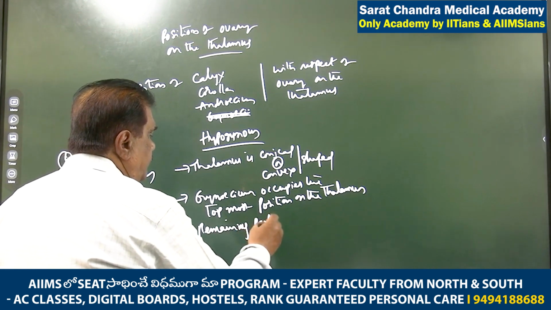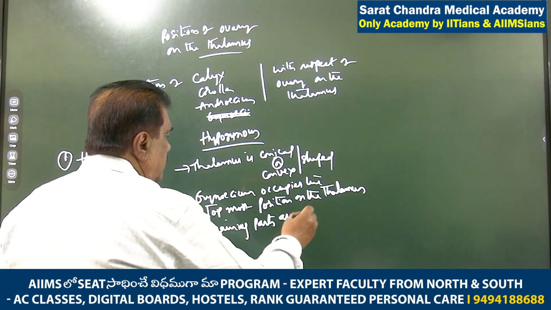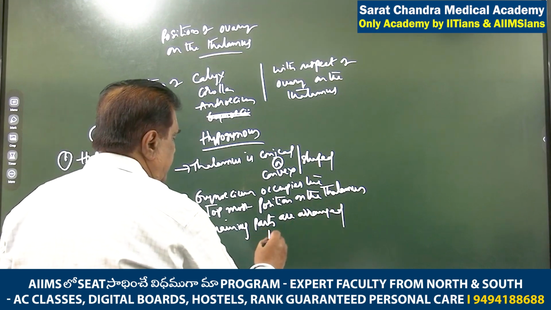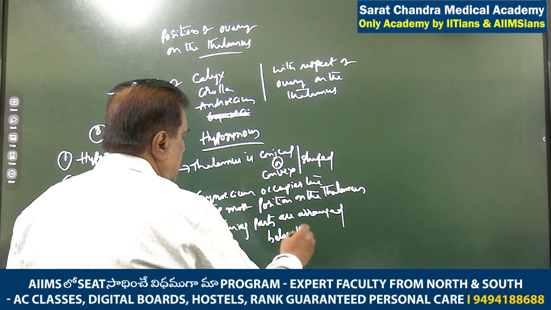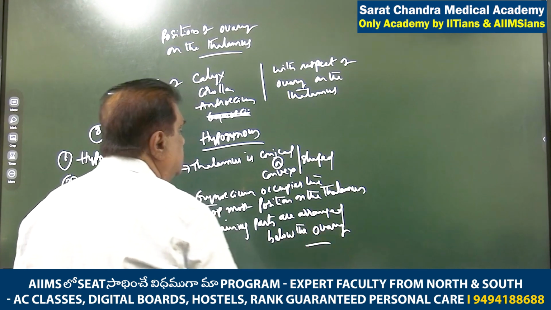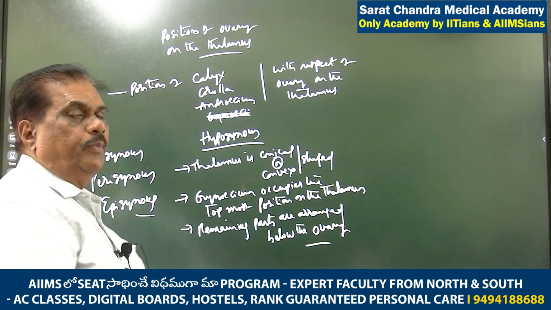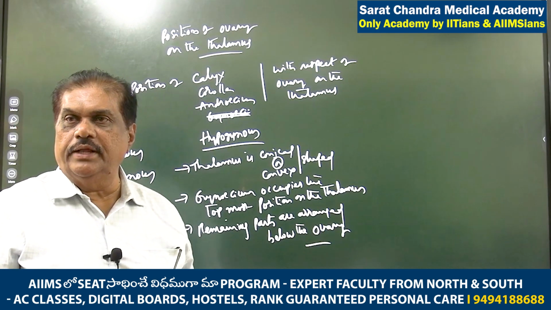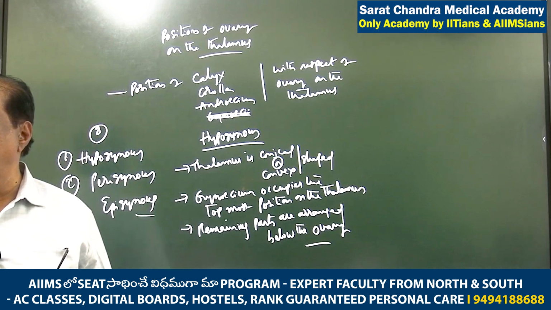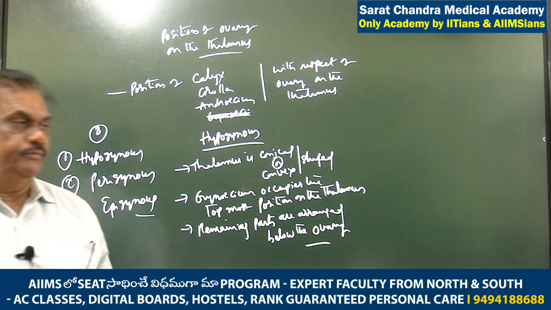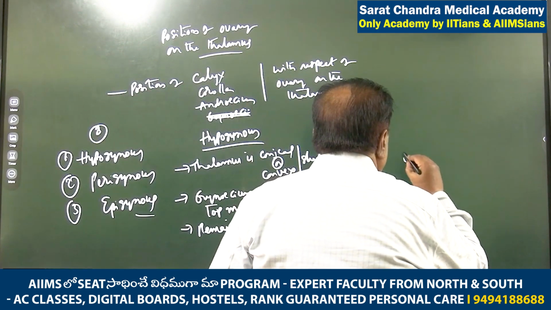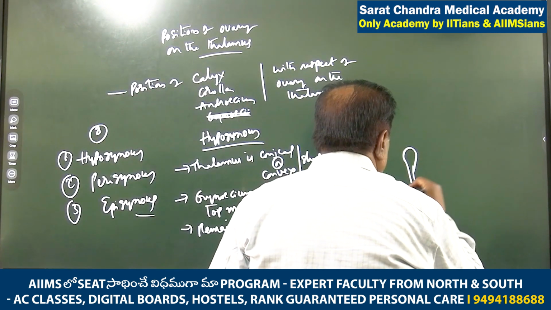The remaining floral parts like calyx, corolla and androecium are arranged below the gynoecium, below the ovary. Such kind of flowers are called hypogynous flowers, like this. This is a conical or convex shaped thalamus.